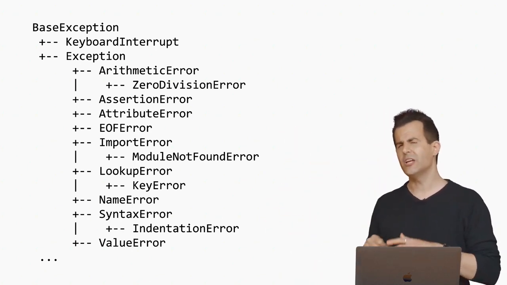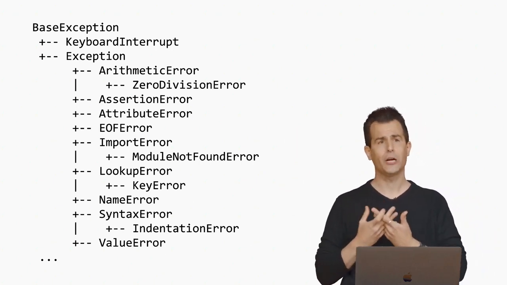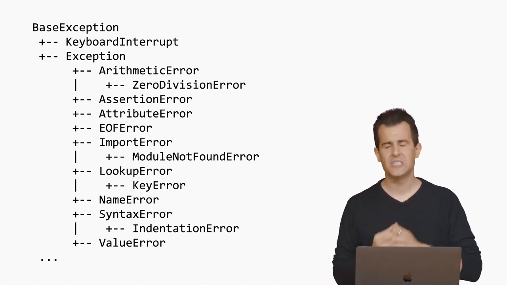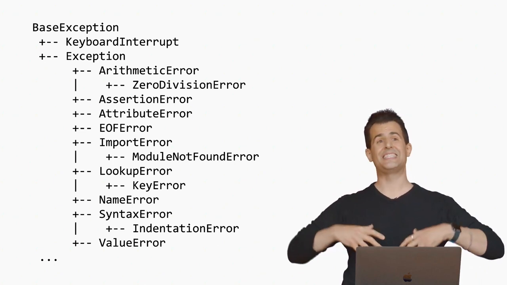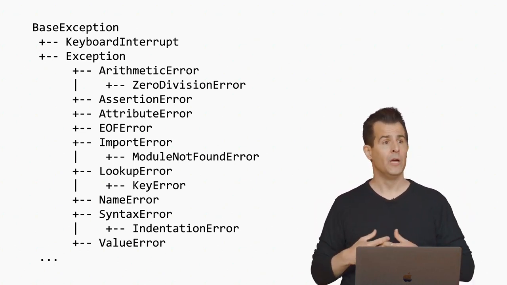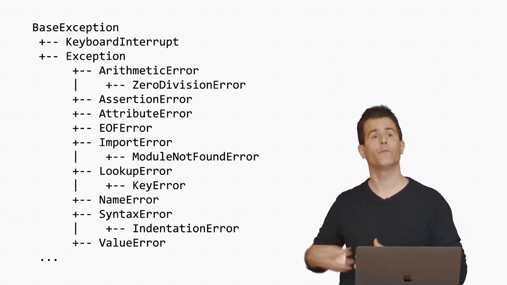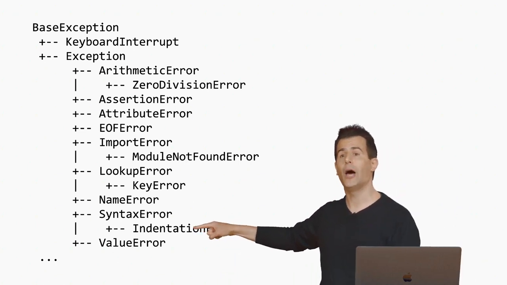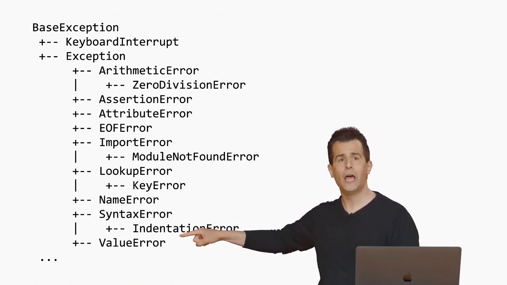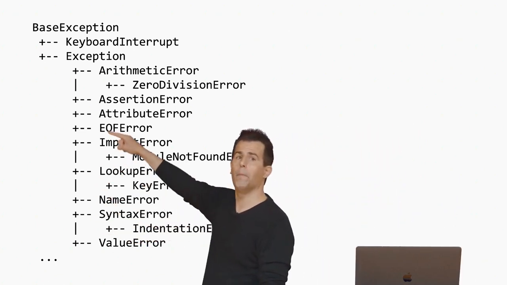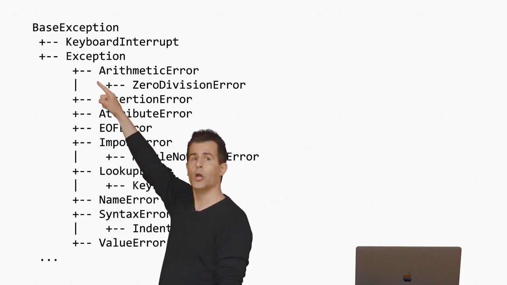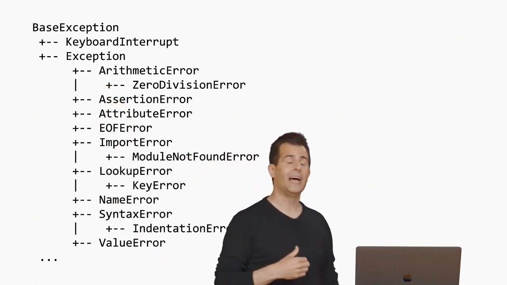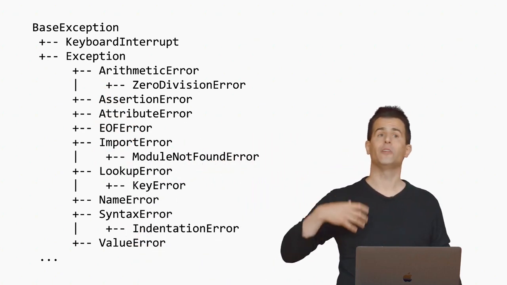But as this chart here captures hierarchically, all exceptions we've seen thus far actually descend from or inherit from superclasses already. So for instance, at the bottom of this list here is value error, which we've seen quite a bit. And if you follow the line straight up on this ASCII rendition of this chart, you'll see that value error has a parent class or superclass called exception.